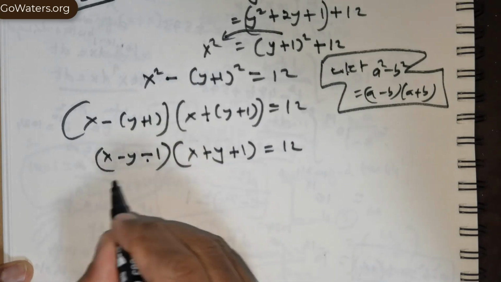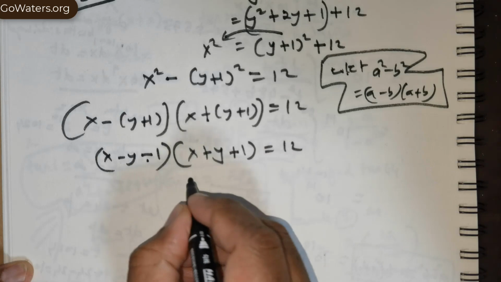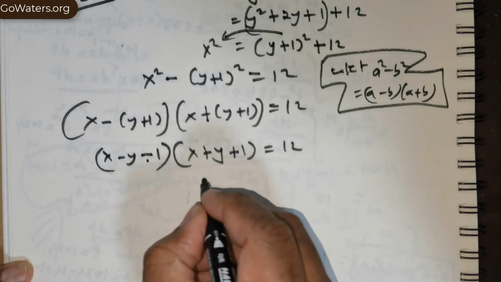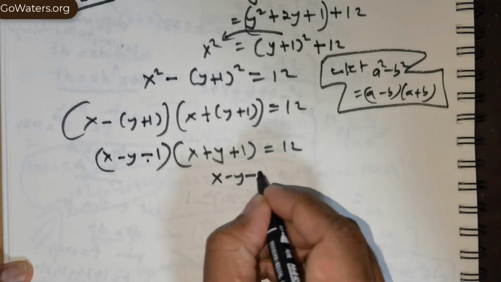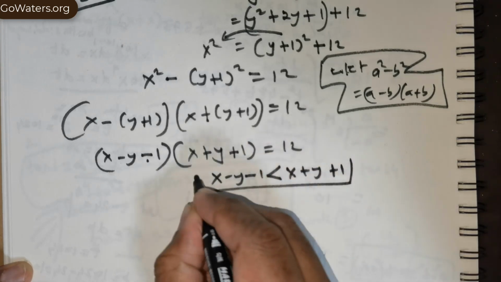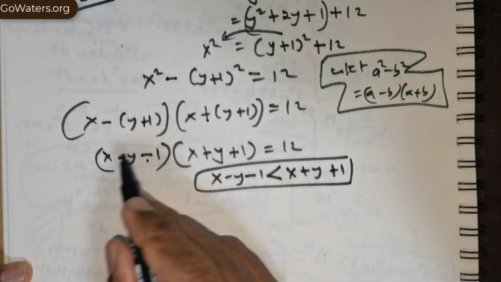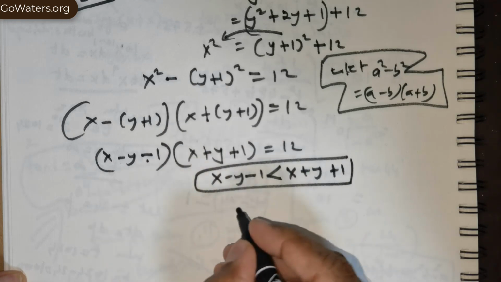Now on the left you've got x − y − 1 and x + y + 1. So this clearly gives us an understanding that x − y − 1 should be less than x + y + 1. And also we've got the product of two quantities being equal to 12.